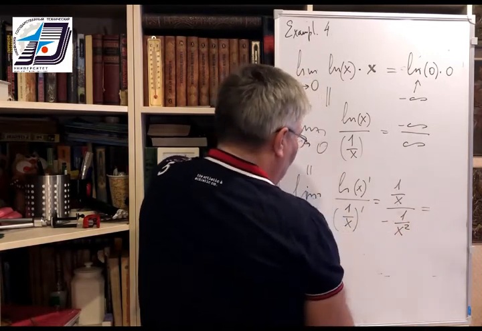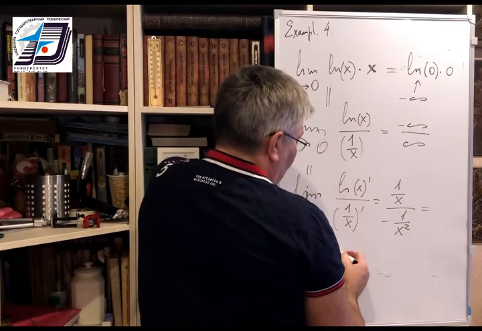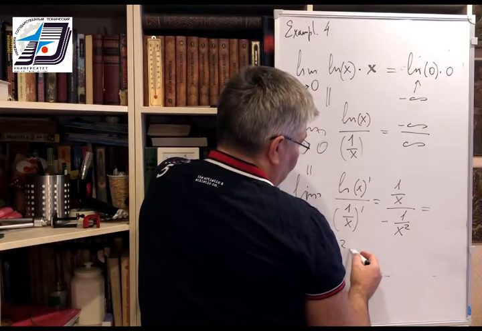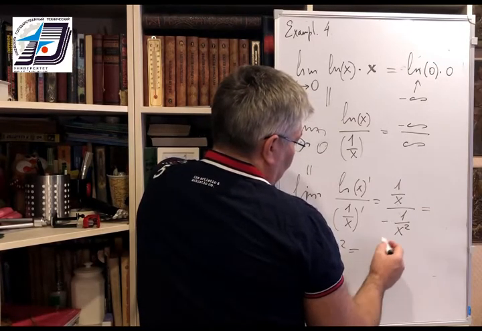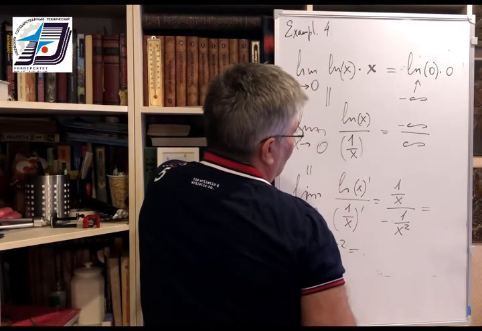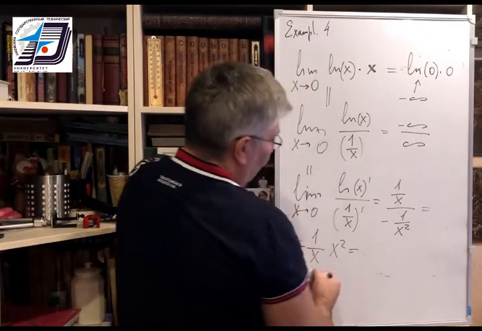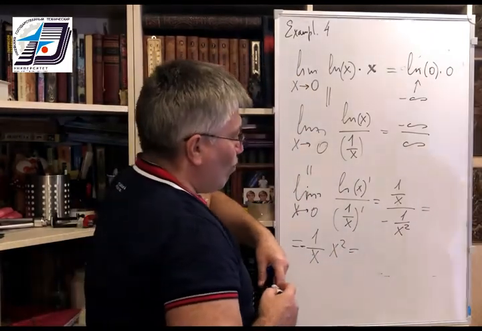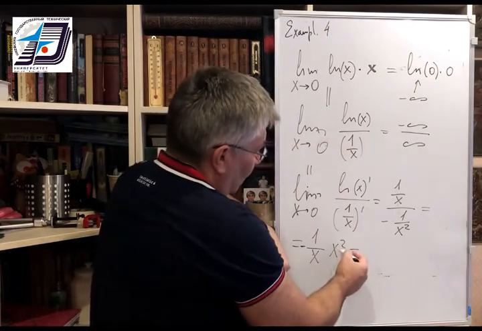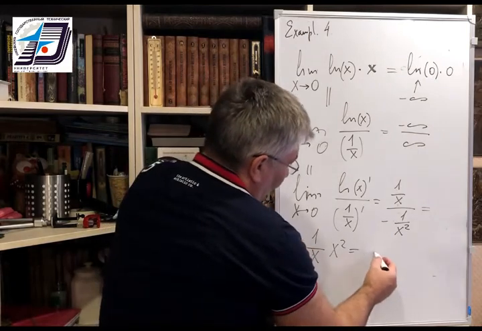And we can calculate it as 1 over x times minus x squared over 1, so you can cancel x and x, and you have minus x here.